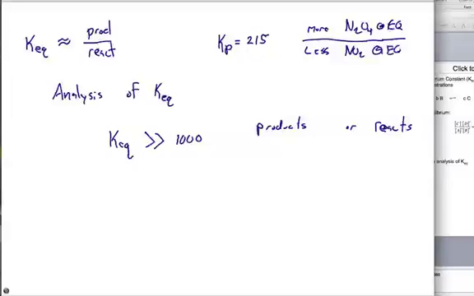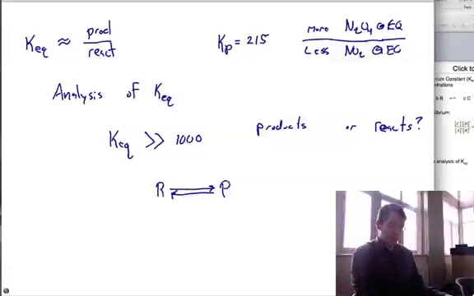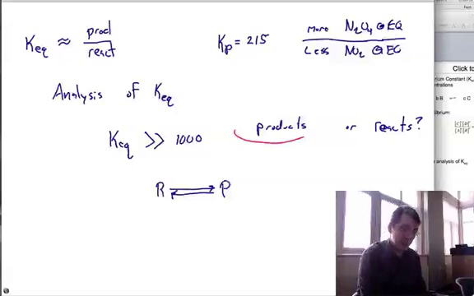By favor, I mean if we have reactants in equilibrium with products, since the equilibrium constant is effectively a ratio between these two, one of these is going to dominate at equilibrium. Is it going to be the products or the reactants? If it's a very large equilibrium constant, we could say that it's the products that are going to dominate.